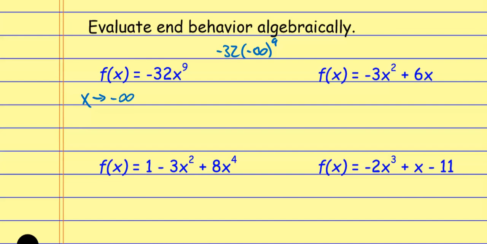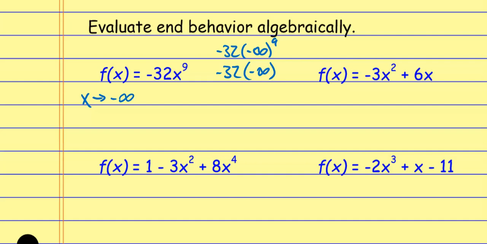And so when you think about it, as I plug in bigger and bigger negatives, raised to the ninth power, I get bigger and bigger negatives. What that's telling me is that as that value goes to negative infinity, raising it to the ninth power also takes me to negative infinity, okay? When I get more and more towards negative infinity, raising those values to the ninth power still gives me bigger negative values, so that heads towards negative infinity as well, okay?